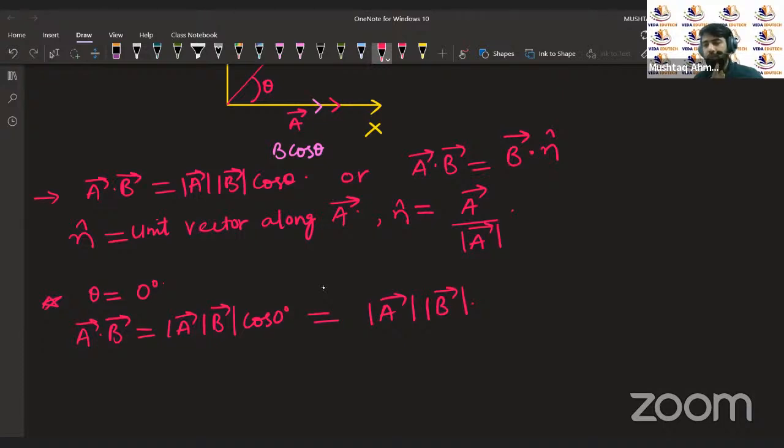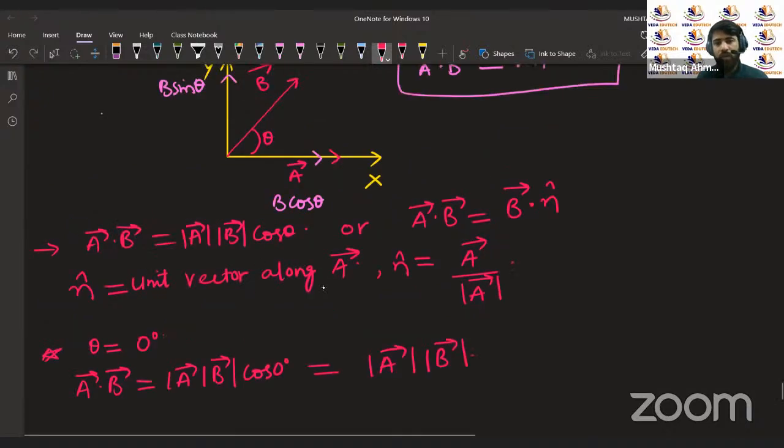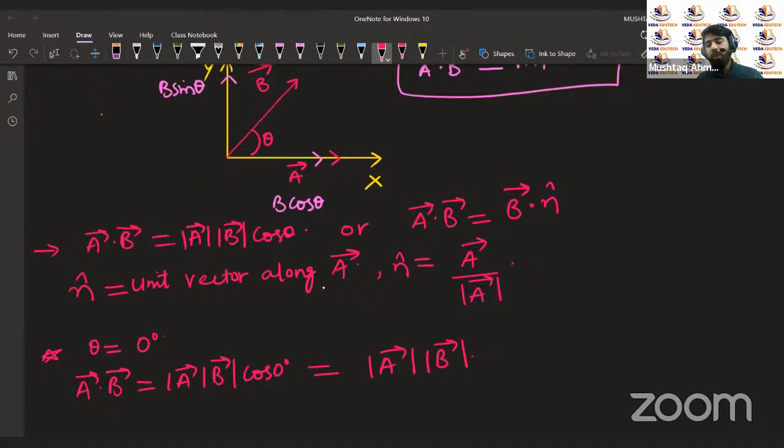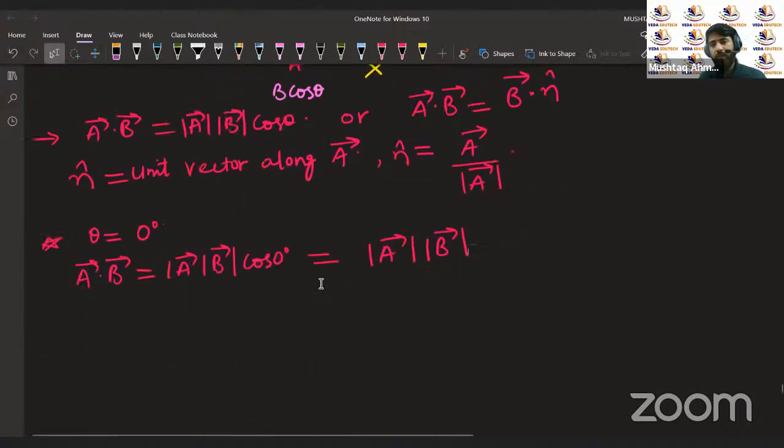So dot product is maximum when the two vectors are parallel to each other. It means that the whole of vector B is along the direction of vector A, or there is no component of vector B which is perpendicular to the direction of vector A. So if the two vectors are parallel to each other, we'll be just doing the product of the magnitudes of the two vectors.